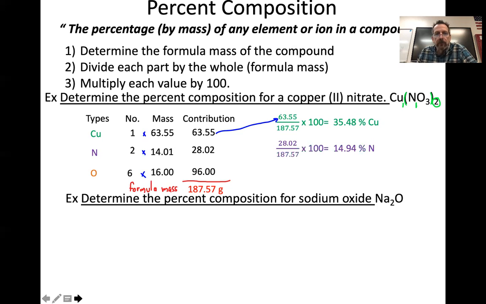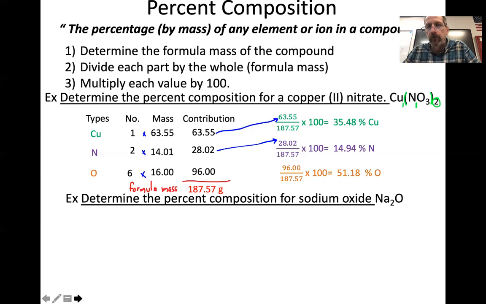Likewise, we do the same thing for nitrogen. The part for nitrogen, 28.02 out of 187. So divide 28.02 by 187.57 times 100, 14.94% nitrogen. Likewise, we do the same for oxygen. The part is 96 out of the whole of 187.57.